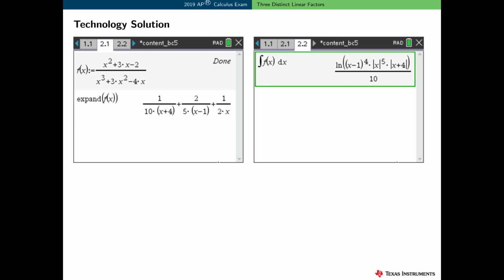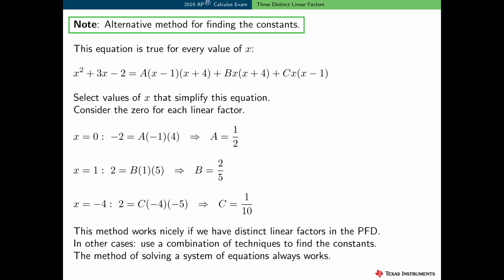I can simply evaluate the integral. This solution looks a little different than mine on the previous page. And that's because the TI-Nspire displays the final answer, in this case, with a common denominator, and by using some properties of logarithms.